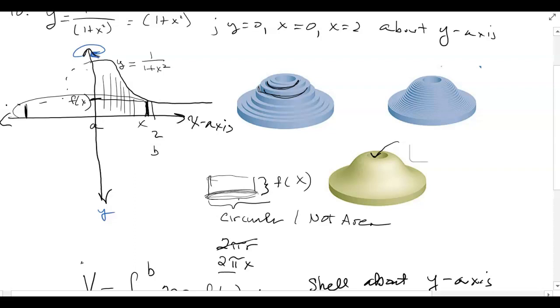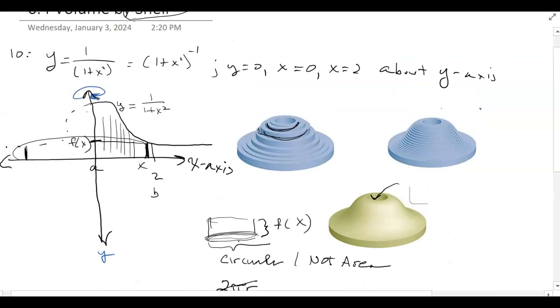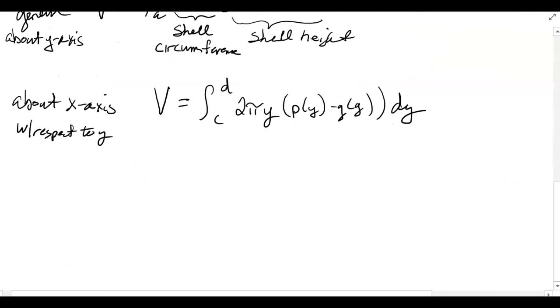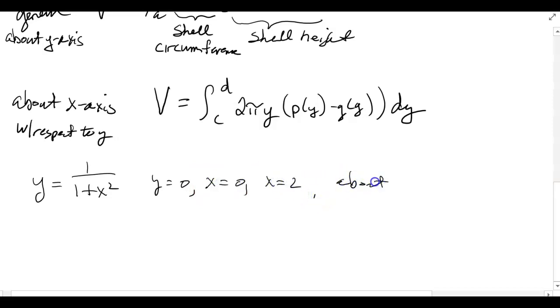So, let's go back to our original problem, which was 1 over 1 plus x squared, and we'll use this formula to set it up. So y equaled 1 over 1 plus x squared. And then we had y is 0. And x is between 0 and 2. And we were revolving about the y-axis.